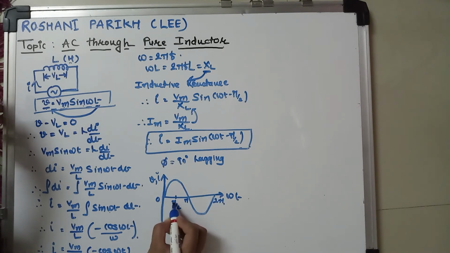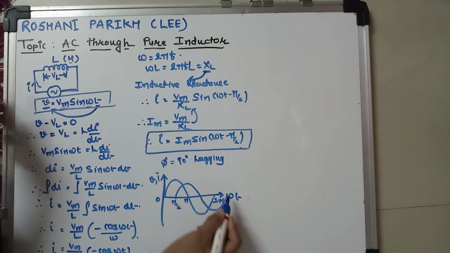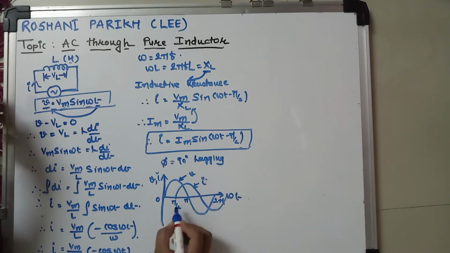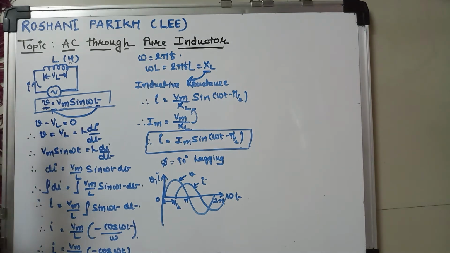So after pi by 2, at the angle of pi by 2, your current starts to flow. It is the voltage and it is for the current. So your current lags at the angle of pi by 2. For the purely inductive circuit, current is lagging at an angle of pi by 2 from the voltage.